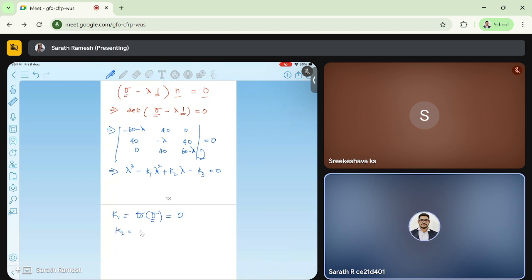K2 is one half of trace of sigma the whole square minus trace of sigma square.